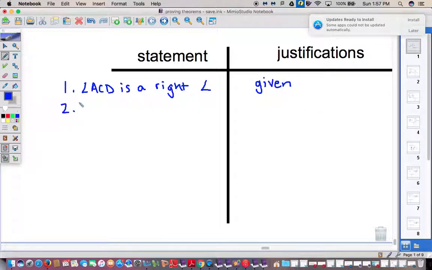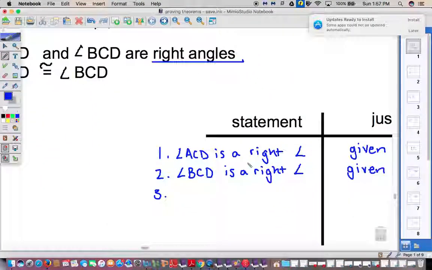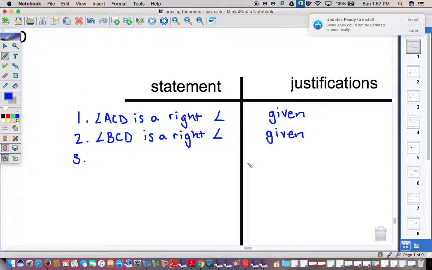Our second given statement is that angle BCD is a right angle, and again, this is given. Step 3: right now, all I've said is exactly what is in our given statement, that angle ACD and angle BCD are right angles.